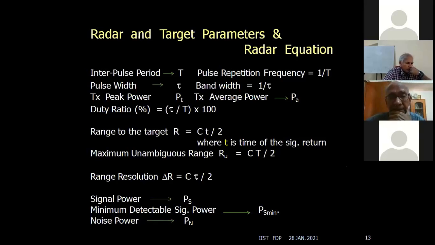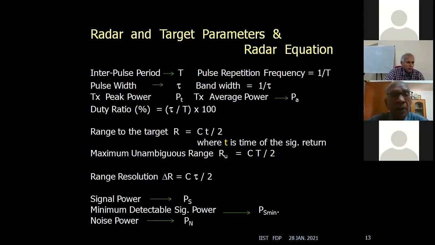So the time delay between the pulses is capital T, and the pulse width is the duration of the pulse, which is related to the bandwidth of the pulse. Tau is in seconds, it is the pulse width, and 1 over tau is the bandwidth.